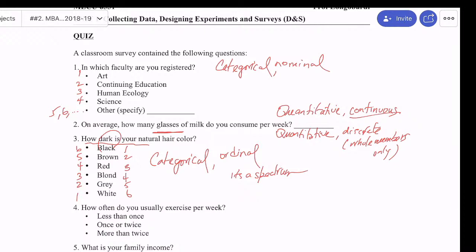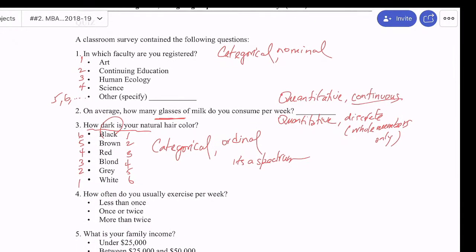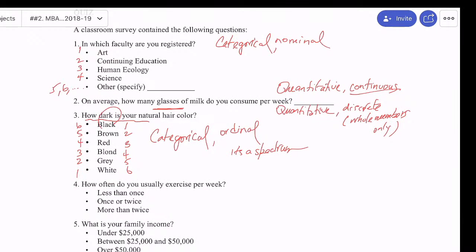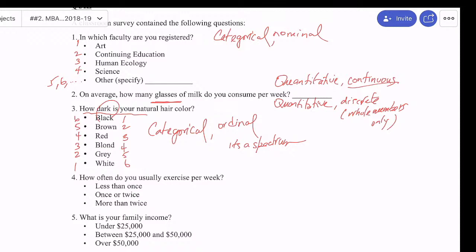So you need to refresh if what I'm saying is not aligning with what you're seeing. Okay, so for the last two, it's the same answer.